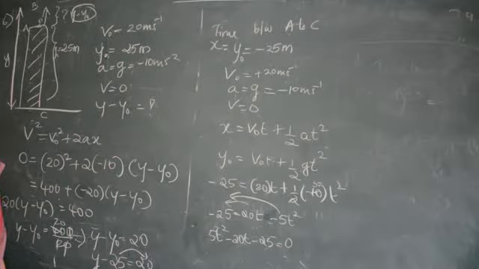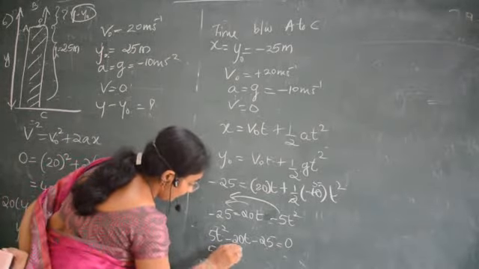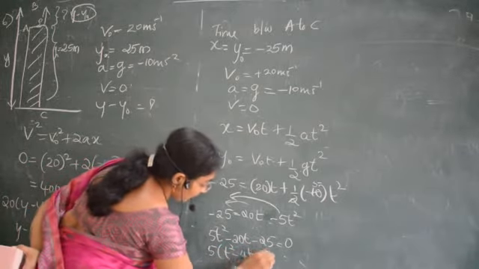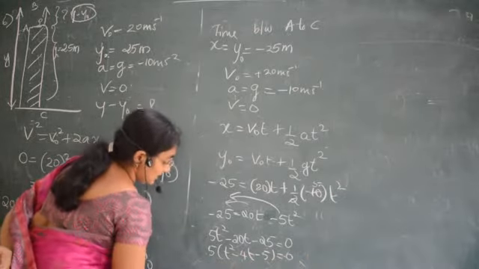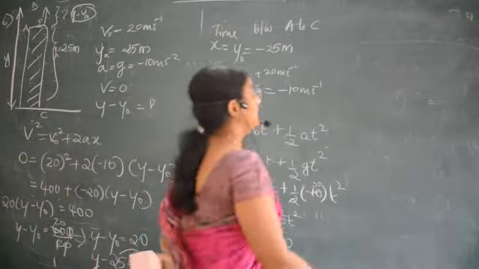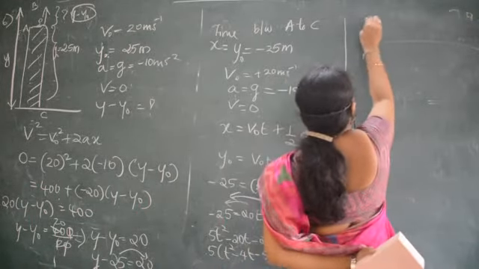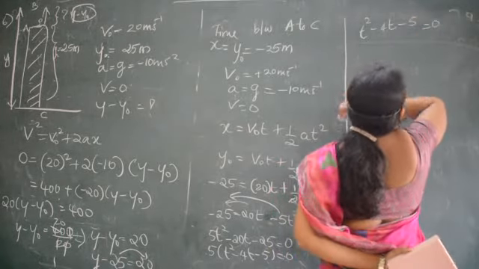You know how to solve it, correct? See, I can take 5 outside. 5 fours are 20, 5 fives are 25, equal to 0. If we take 5 to the other side, 0 by something is 0. So t square minus 4t minus 5 is equal to 0.